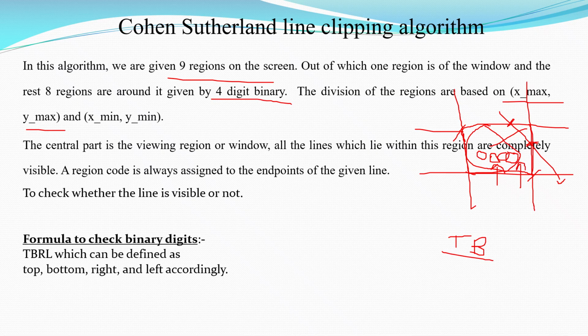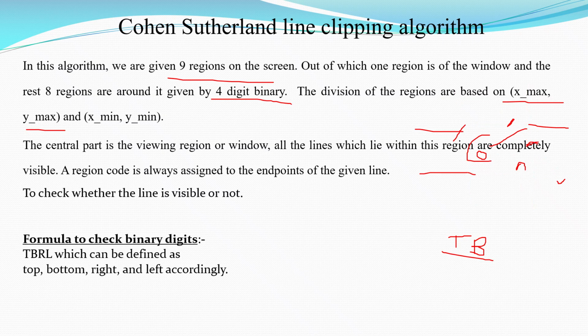So how do we assign these 9 region codes? Among the 9, we know the window gets the 4 zeros. The center part is the viewing region, or a window, you can say. All the lines which lie within this region are completely visible. A region code is always assigned to the endpoints of the given line.